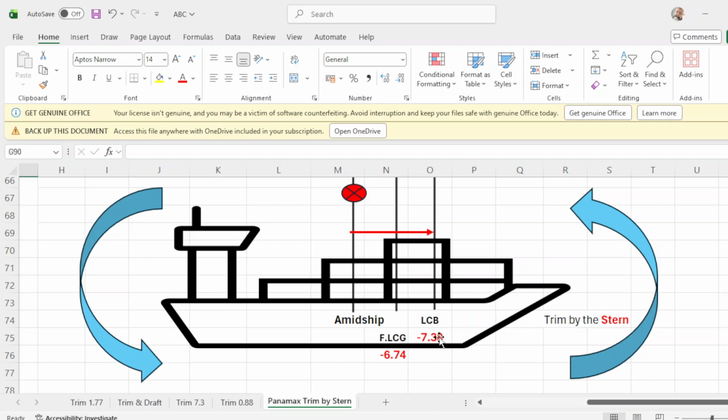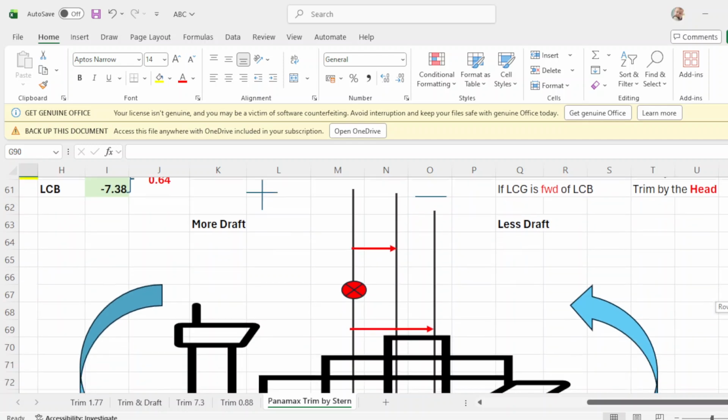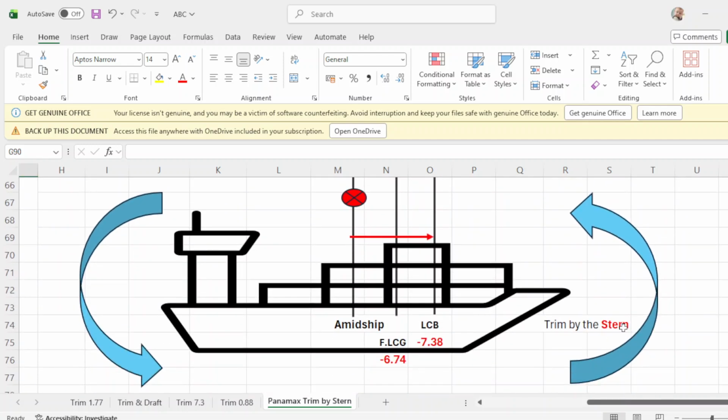With buoyancy, the tendency of the forward part of the vessel is to go up, and because of the gravity of the weight, the tendency of the aft part is to sink, to have more draft here. That's why I put less draft forward and more draft aft. That's the reason why you have trim by the stern.